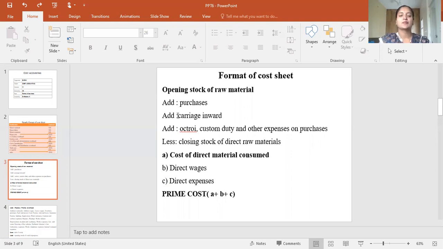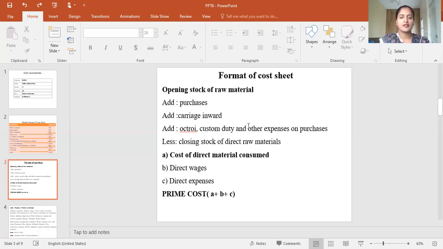Next, we are supposed to add the carriage inwards. Carriage inwards is nothing but the expenses incurred internally at the time of manufacturing of the goods, that is, carrying of the goods. So that is what you have to add here. And next, you have to add octroi, custom duty, and other expenses on the purchase.